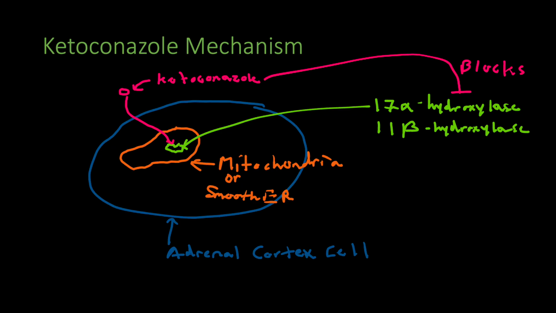In this case, it's going to bind to the enzymes CYP17 and CYP11, which are 17-alpha hydroxylase and 11-beta hydroxylase, and then stops that enzyme from producing cortisol, whether it's in the mitochondria or the smooth endoplasmic reticulum structure of the adrenal cortex cell.